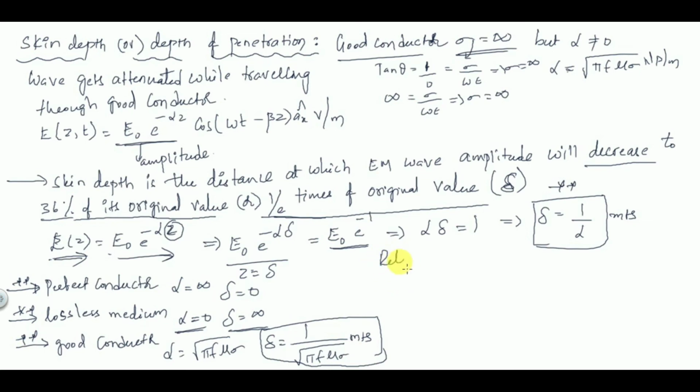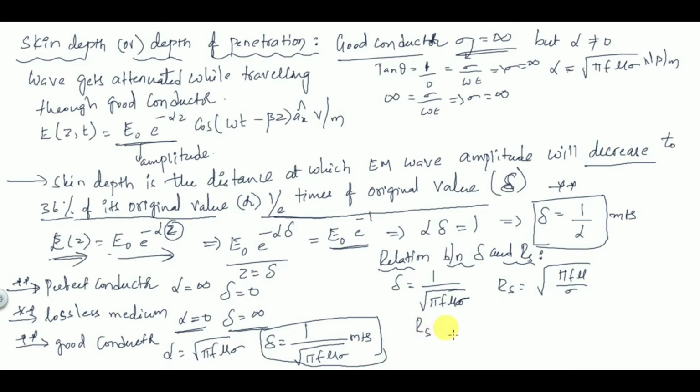The last point is the relation between del and Rs. We have seen del is equal to 1 by root of pi f mu sigma for a good conductor. Similarly, for a good conductor Rs is equal to root of pi f mu by sigma, in ohms.